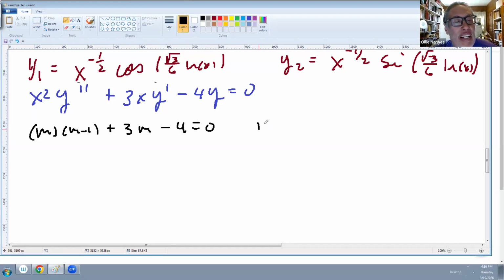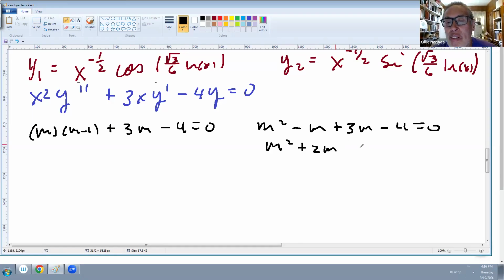That's m squared minus m plus 3m minus 4 is 0. That's m squared plus 2m minus 4 is 0. Let's see here. All right, yeah, so that's correct.